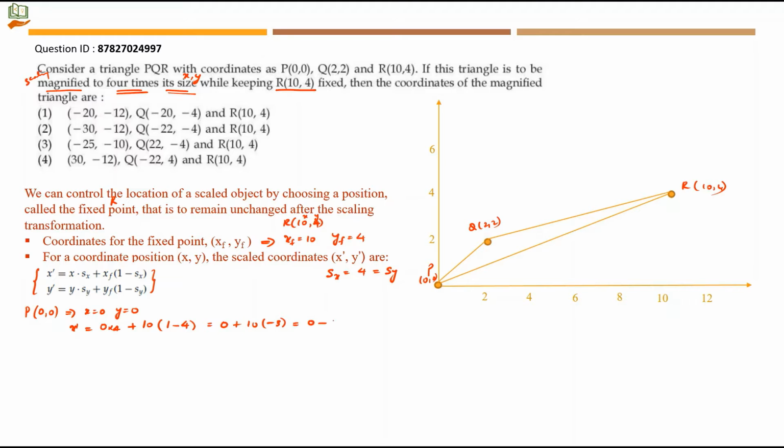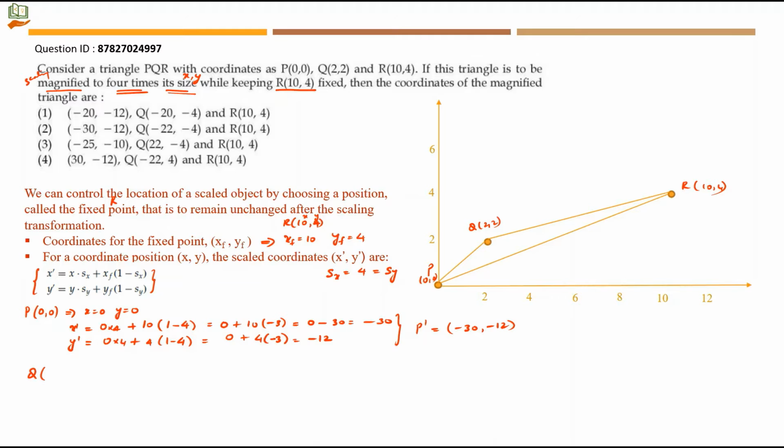So 0 minus 30 is equal to minus 30. This will be x'. If you calculate y', y times Sy, again it is 0 times 4, plus the yf value, which is 4, times (1 minus 4), which is 0 plus 4 times minus 3. So this is equal to minus 12. So what is P' from this? The new coordinates will be (minus 30, minus 12).